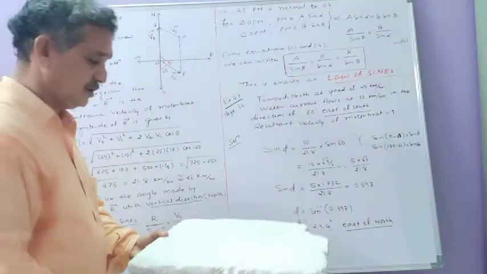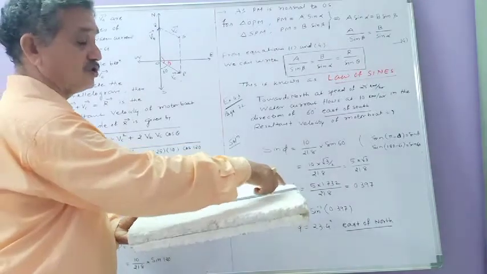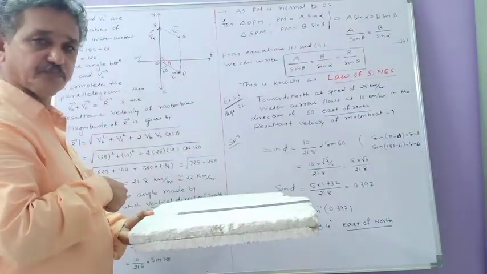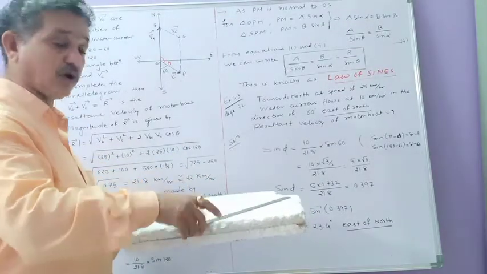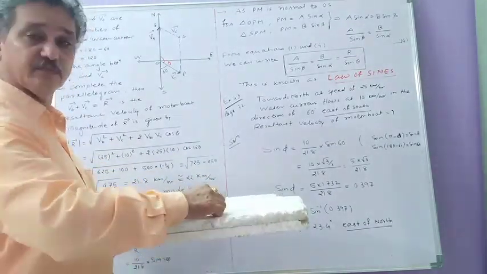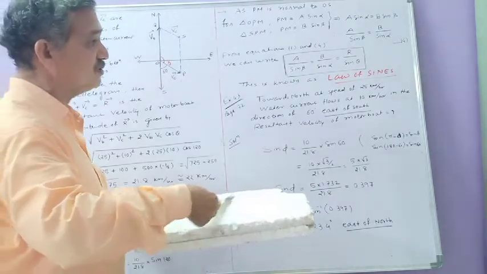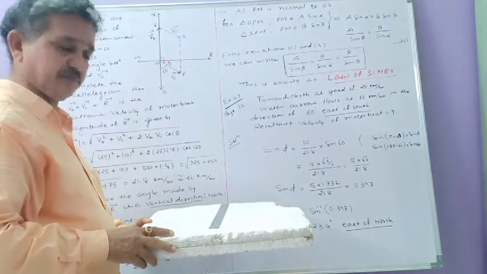So here you can consider this is east, this is west. This is north, this is south. The motor boat is in which direction? It is going in this direction with the speed of how much? 25 km per hour at the same time.